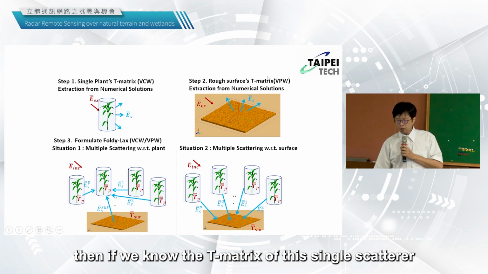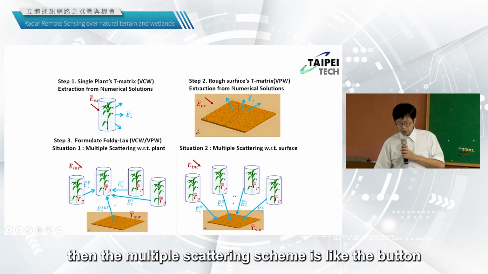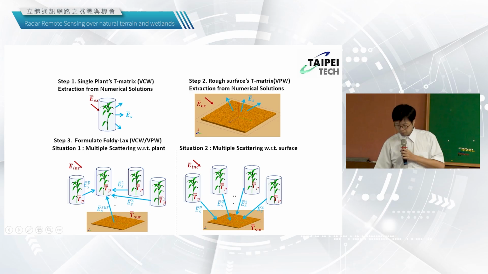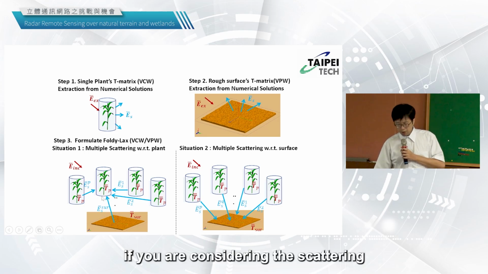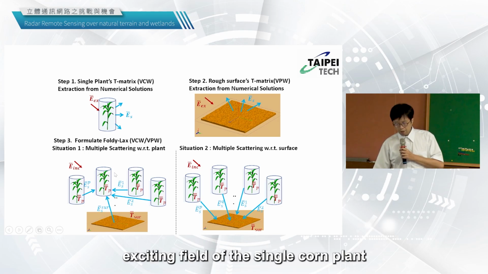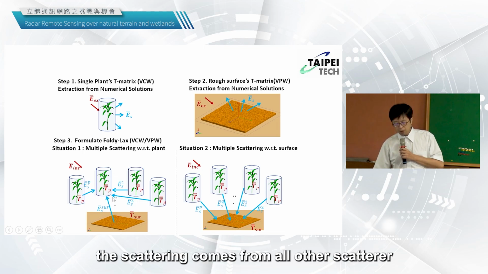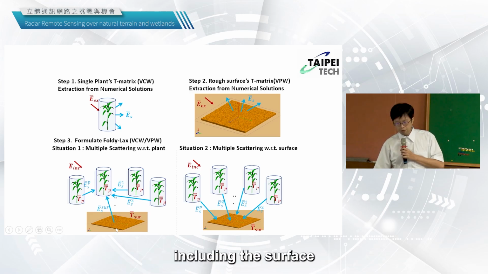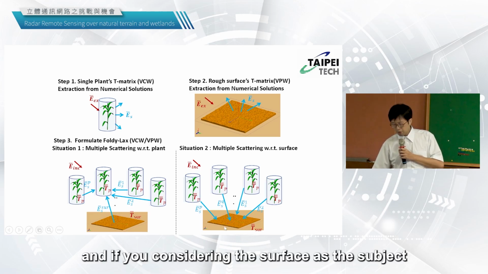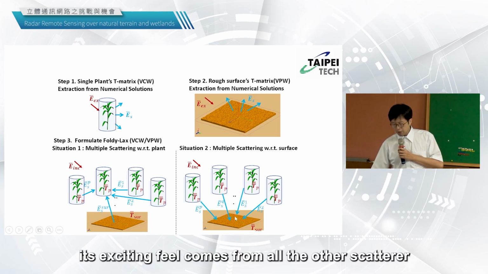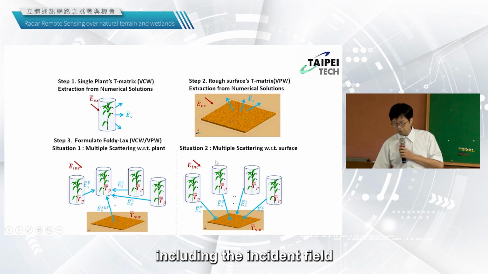If we know the T-matrix of this single scatterer, then the multiple scattering scheme is like the bottom two figures. If you consider the exciting field of a single cone plant, the scattering comes from all other scatterers, including the surface. And if you consider the surface as the subject, its exciting field comes from all the other scatterers, including the incident field.